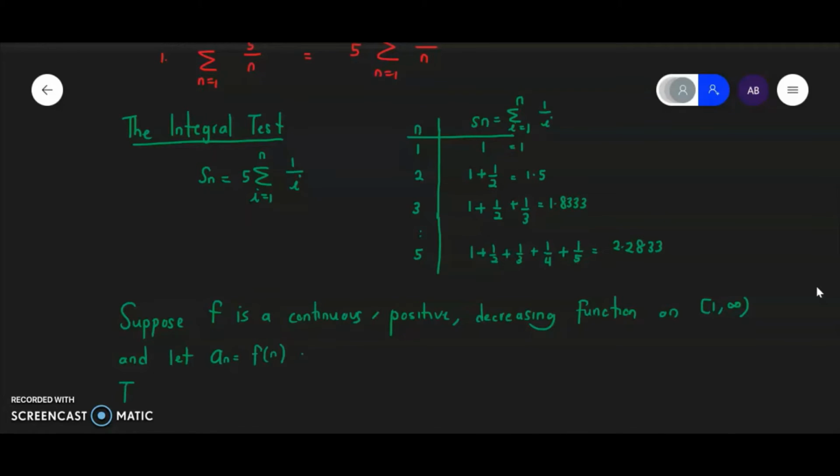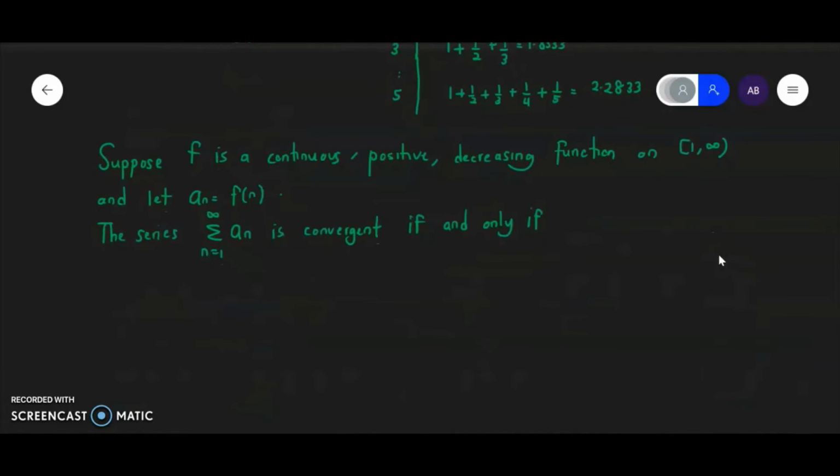The series summation n equals 1 to infinity of an is convergent if and only if the improper integral from 1 to infinity of f(x) dx is convergent.